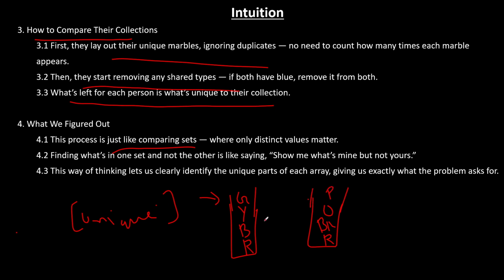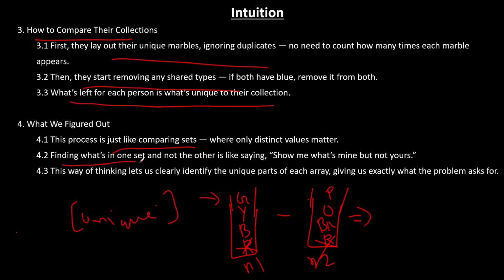If I subtract both of them, like if I subtract nums1 or Alex's bag with Ria's bag, blue will be eliminated. Fine. Sorry, not brown, not blue. Red will be eliminated because it is common in both of their sets, right?